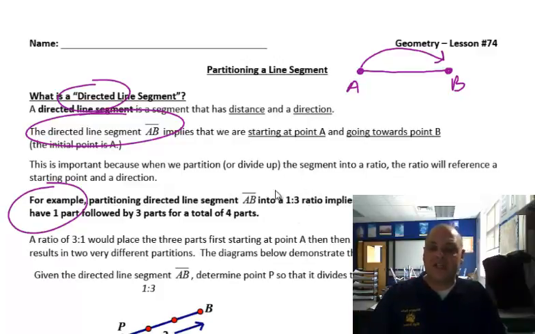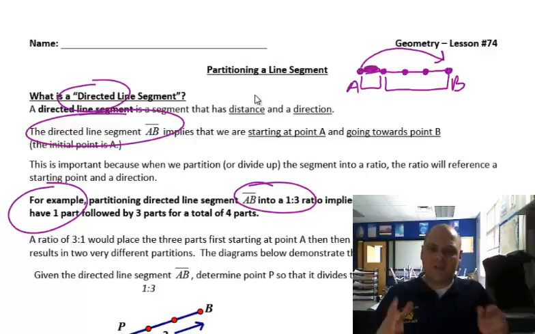If they say ratio AB 1:3, that means I have to break it into 4 parts. Why 4 parts? Because I need 1:3. 1 here, and then 3 here. And that's what this lesson is going to be about.